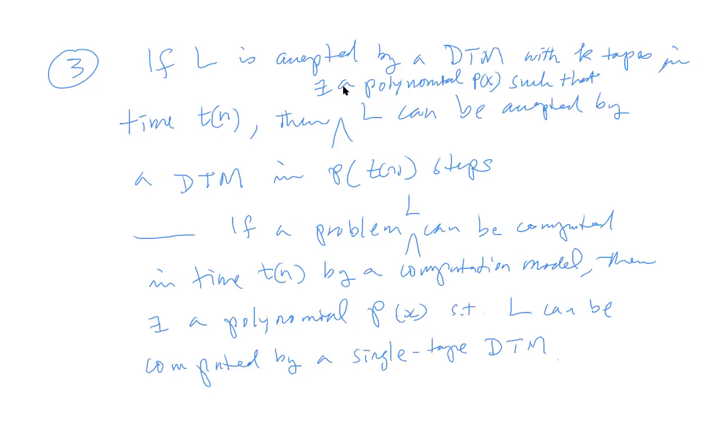So this is also called the extended Church-Turing thesis, because when we talk about the Church-Turing thesis, at that time we just say that any computation models are not more powerful than a one tape or single tape deterministic Turing machine.